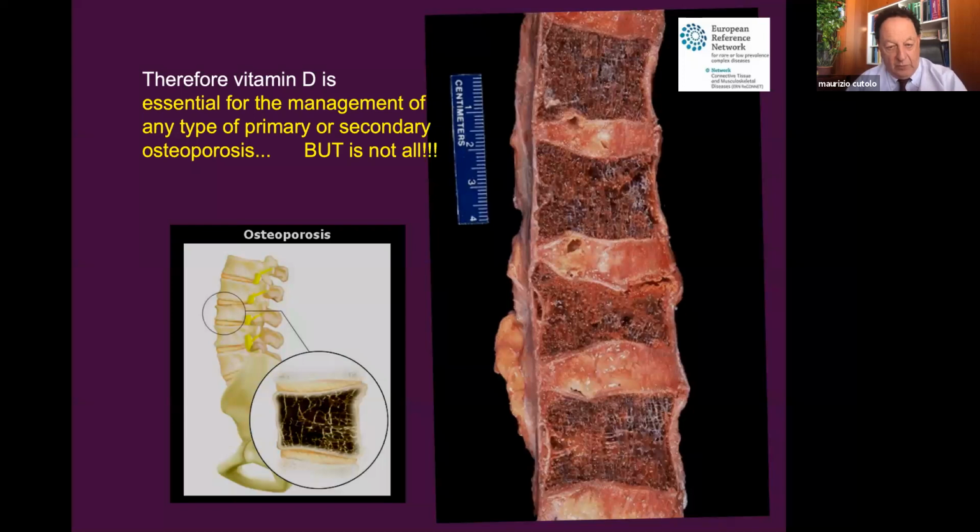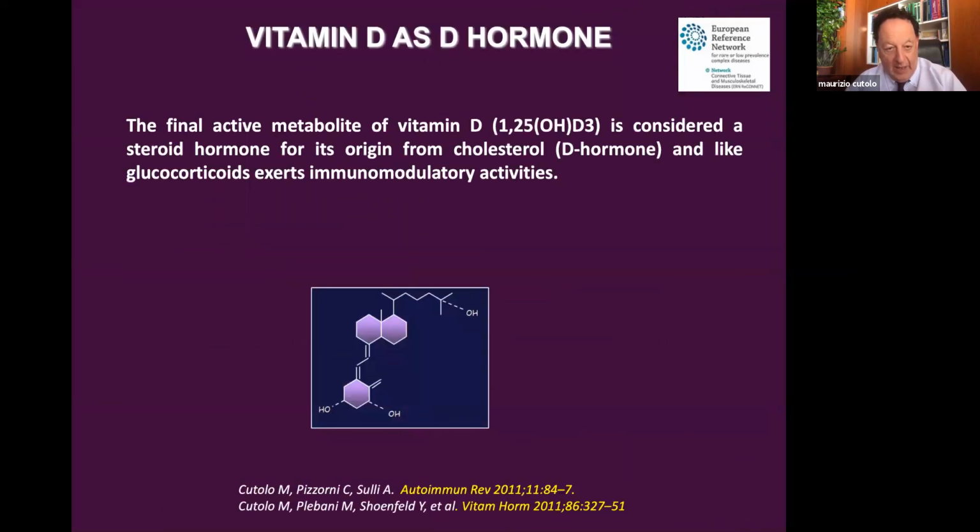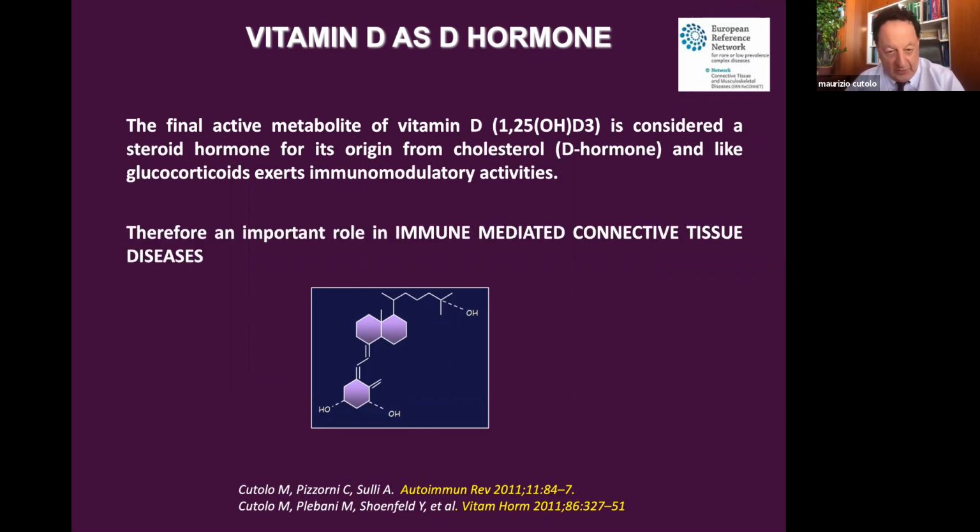But it's not all. When we move to connective tissue disease, and we remember what we discussed at the beginning, that vitamin D is a true steroid hormone, here we must consider how important this discovery is, made 120 years ago. Vitamin D starts from the structure of cholesterol, like glucocorticoids and sex hormones.